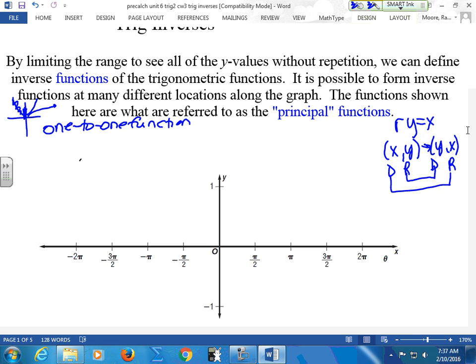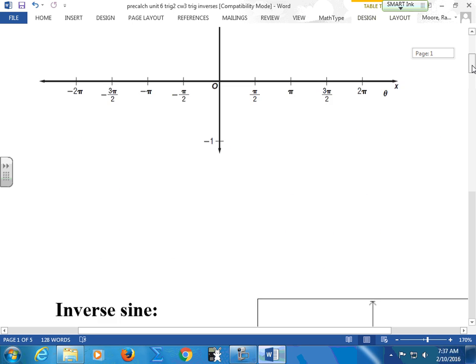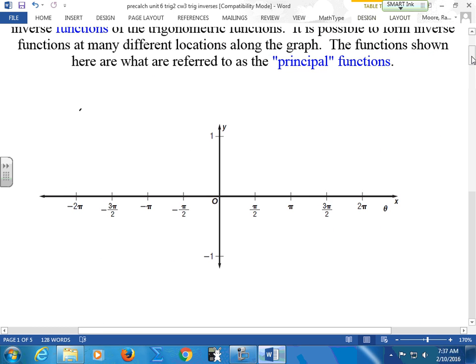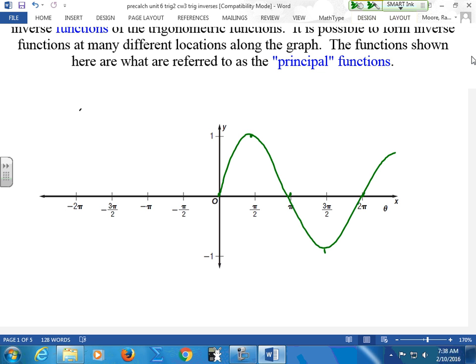Now, let's start. If we do a sine curve here, your basic sine curve, let's take a look at your sine curve.